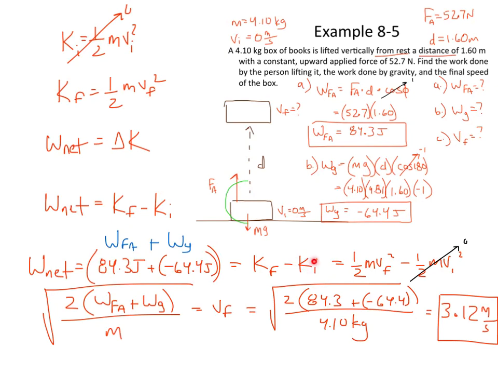Well, the initial was nothing, and so knowing the work that was being done, we could figure out the final kinetic energy, being 1/2 mv squared, and solving for the v, we came up with 3.12 meters per second. So this is a good example of the work kinetic energy theorem. Net work is a change in kinetic energy. And this is going to be very, very handy in the upcoming types of problems.